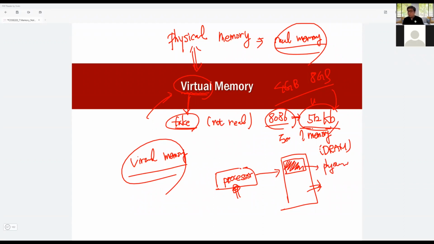We assume that every piece of data accessed by an application exists in main memory, right? But this is the amount of memory required by an application, and this is the real physical memory in the computer system. How can we run this application?